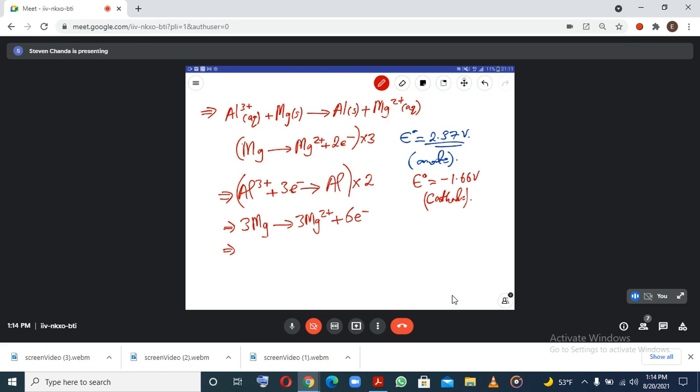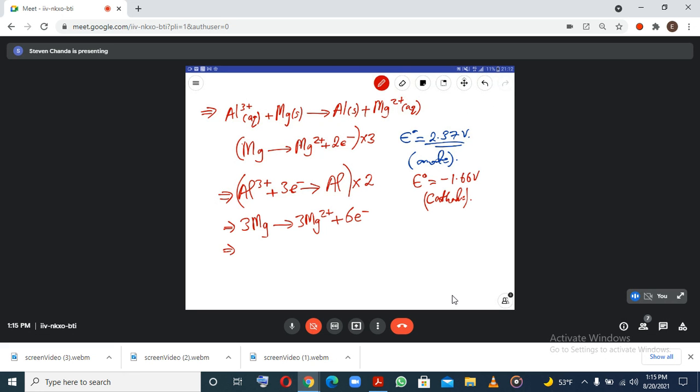This one, they've already given us the reaction, so we just take them as they are. But even if you use that token, you would still see that the cathode is less negative, because the magnesium was negative 2.37. So either way, our principle still holds true.